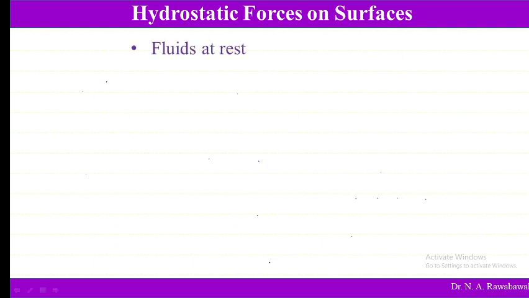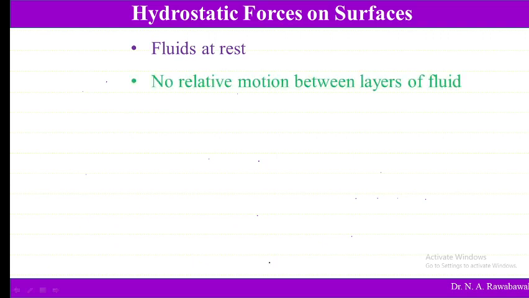These hydrostatic forces act because of fluid at rest, where we cannot find relative motion between the fluid layers. Say, for example, two adjacent layers are there, layer number 1 and layer number 2. There is no relative motion between these two layers of a fluid.